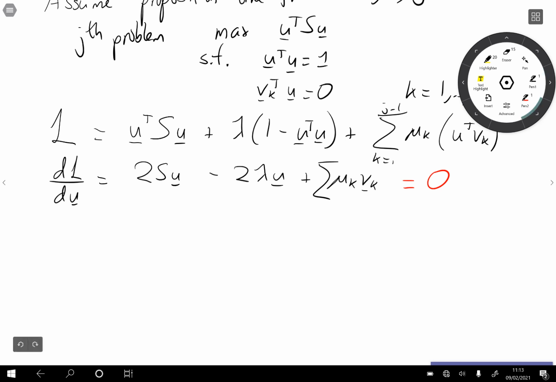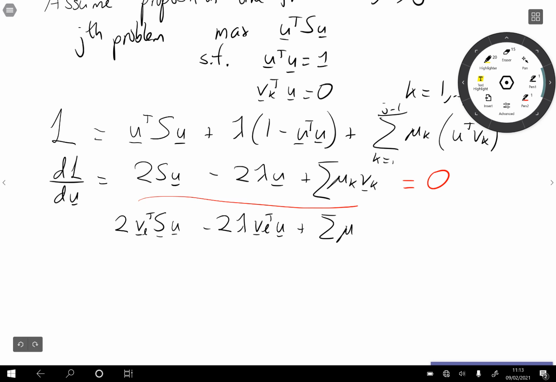But let's take this expression we've just computed and left multiply by v_l transposed. So that gives us 2 v_l transposed S u minus 2 lambda v_l transposed u plus the sum of mu_k v_l transposed v_k equals 0.